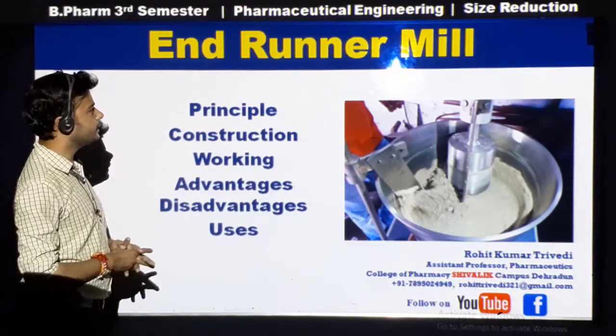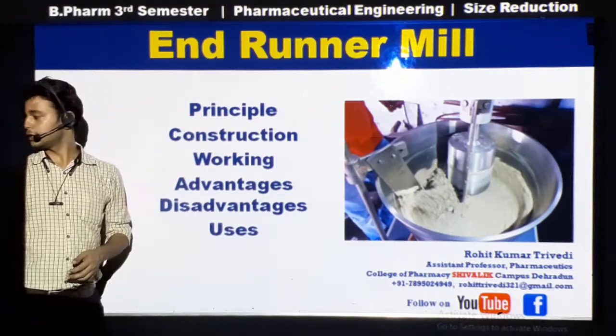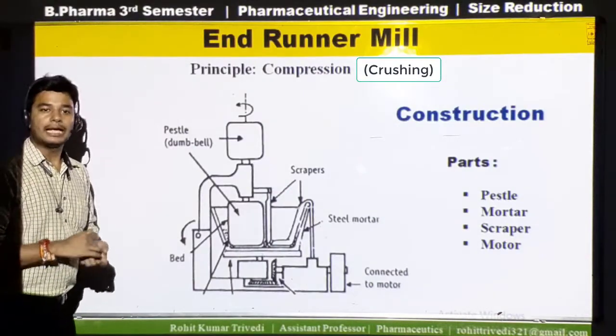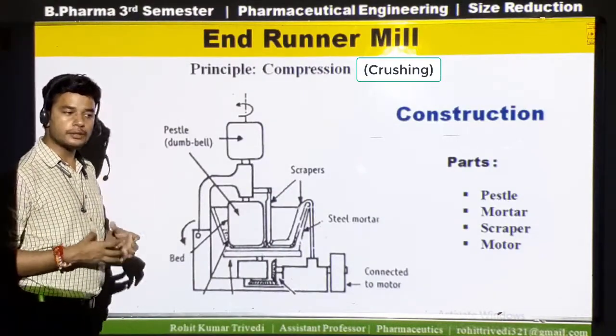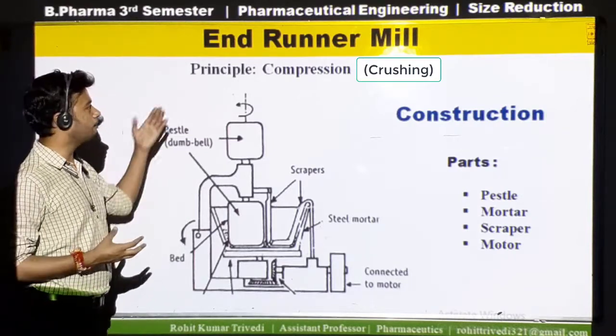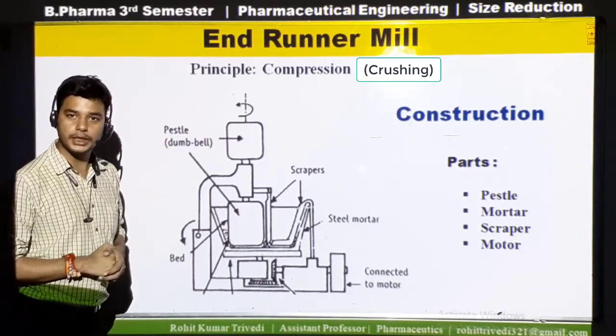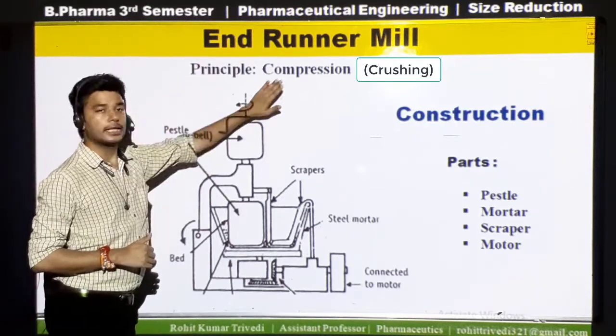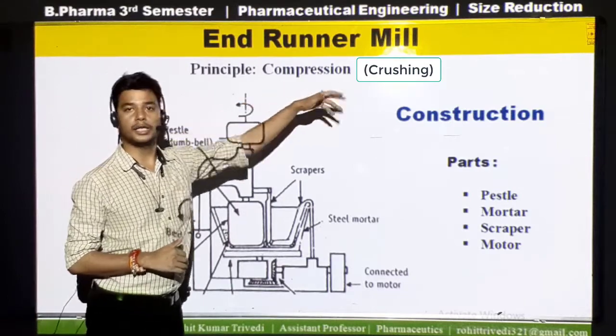Now let's start today's topic, end runner mill. As we have already discussed, to learn about any equipment we are required to learn the basic principle behind the working of the machinery. The principle of the end runner mill is compression, or crushing, we can say.